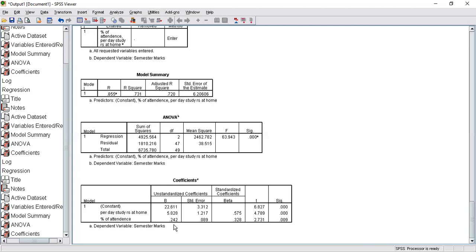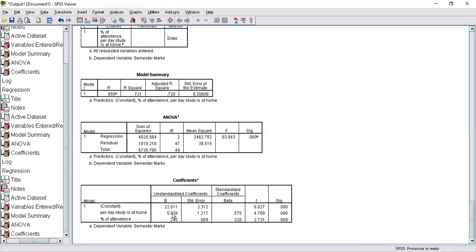Now the question arises: which one is affecting the marks more, attendance or study hours? Naturally, people can say that attendance is affecting less because its coefficient is 0.24, and study hours is affecting more because it is a 5.8 marks increase.